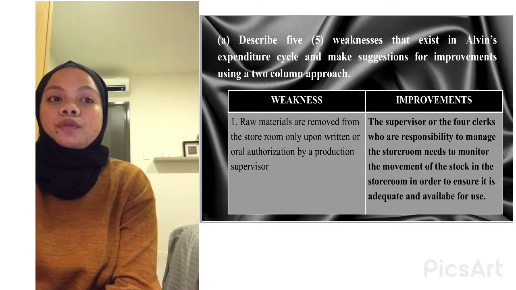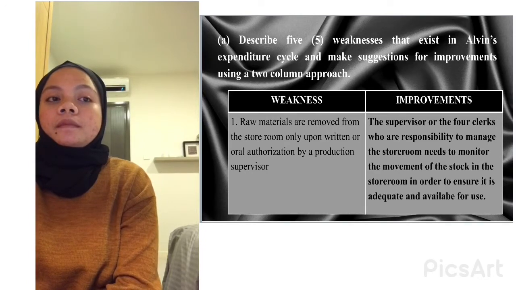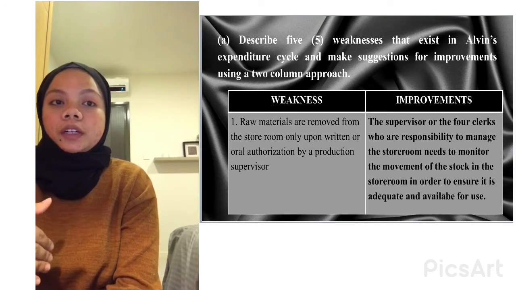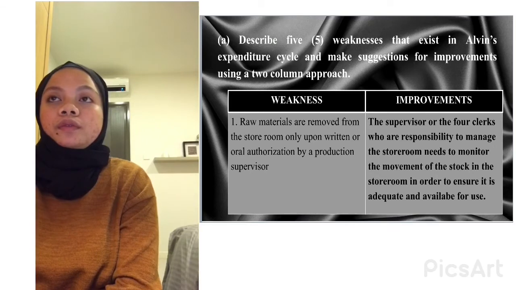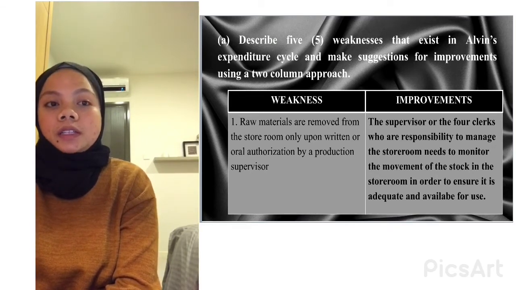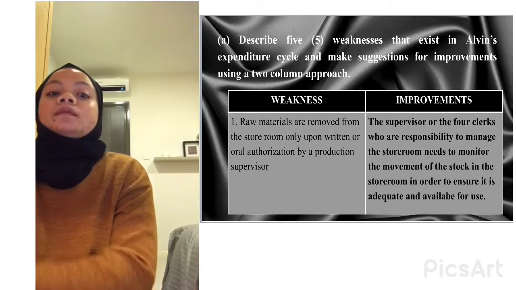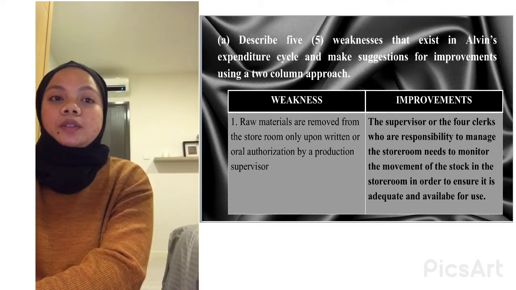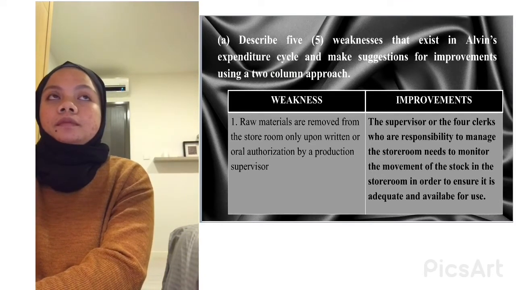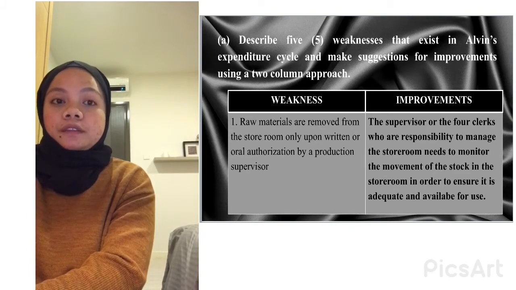So for the first weakness in this case, the raw materials for the company are being removed from the storeroom only upon the written or oral authorization by a production supervisor. So this we can improve by ensuring the supervisor itself should.